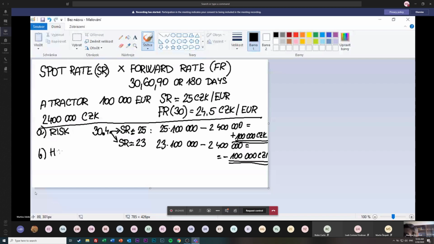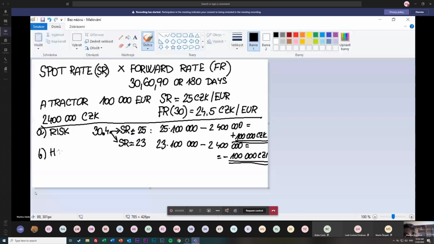There was no risk. I knew it on the 30th of March that I will have this profit. I didn't risk at all. So that's one of the reasons why it's necessary to know what the spot trade is, what the forward trade is, but it's necessary to hedge against the change of the spot rate, the nominal change in the market.